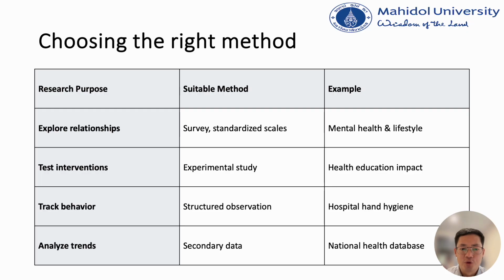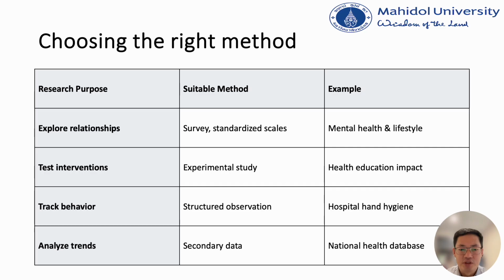Different research goals require different data collection methods. This table gives examples to help you choose the right one. If you are exploring relationships, like between mental health and lifestyle, surveys or standardized scales are a good fit. When testing an intervention such as a new health program, experimental designs give stronger evidence.